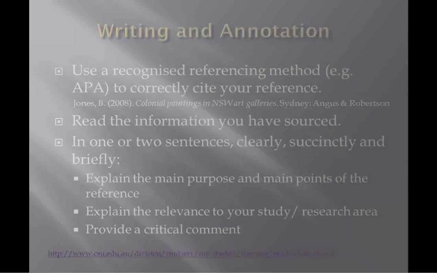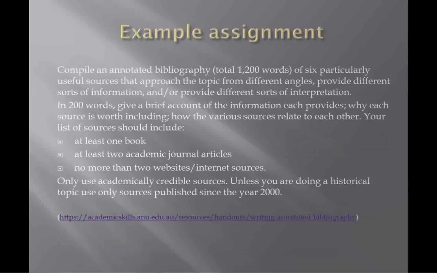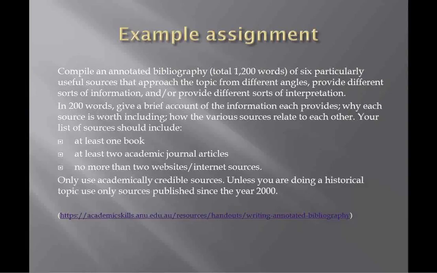Now here is an example of an assignment requirement that we've taken from the Australian National University's website as an example of what an assignment may look like. In this instance, students have been asked to compile an annotated bibliography, total of 1,200 words, of 6 particularly useful sources that approach the topic from different angles, provide different sorts of information, and/or provide different sorts of interpretation.